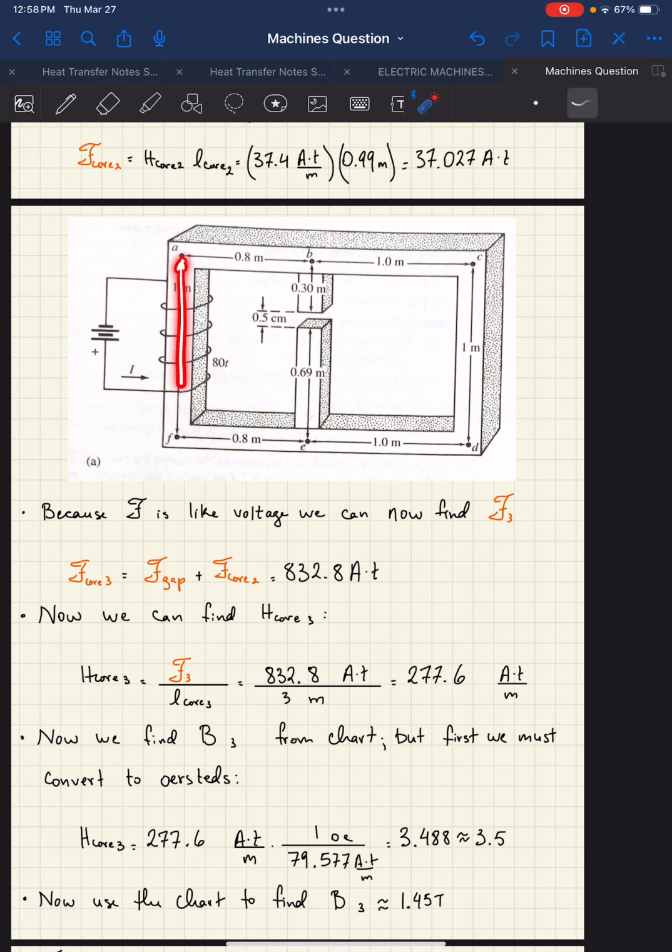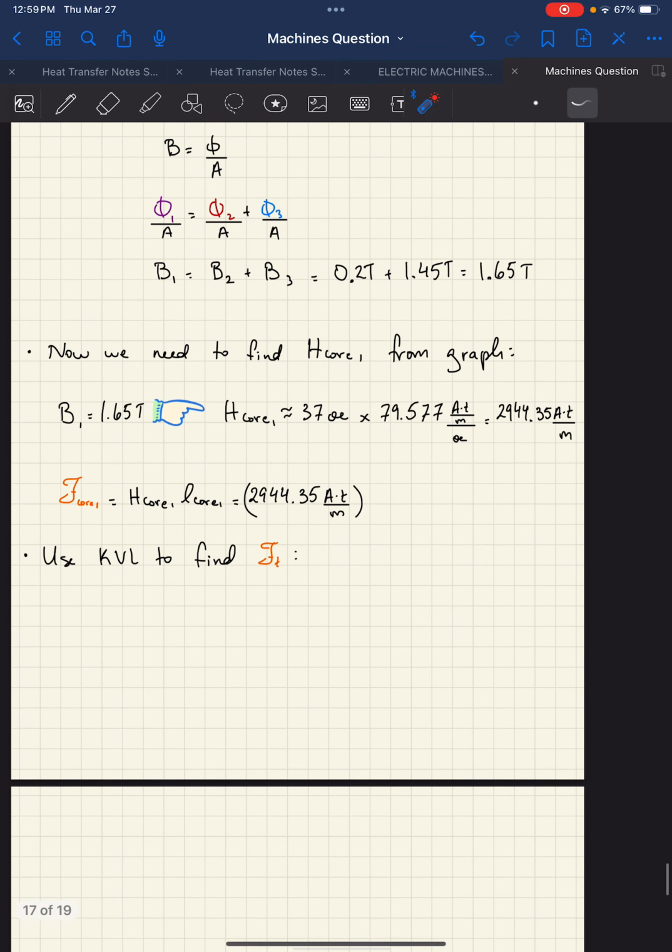It's basically this distance plus this distance plus this distance. So it's 0.8 plus 0.8 plus 1. So 1 plus 1.6 becomes 2.6 meter. And this becomes 7655.31 amp turns. And now we can use KVL to get F total.